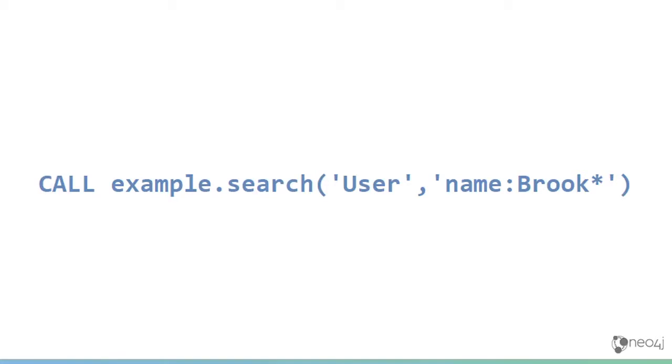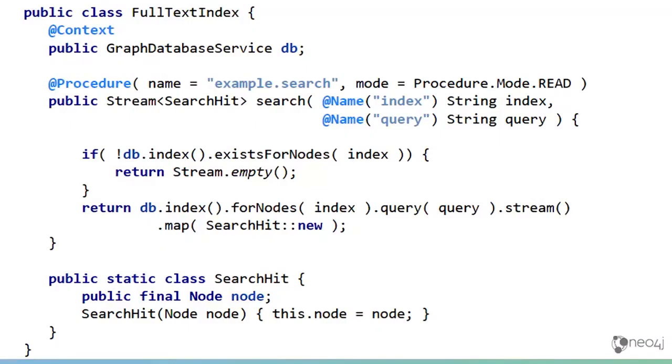In this case, we're making up a procedure called search in the namespace example and passing in that we want to search users and for a name pattern here. And this just gets implemented in a handful of lines of code.